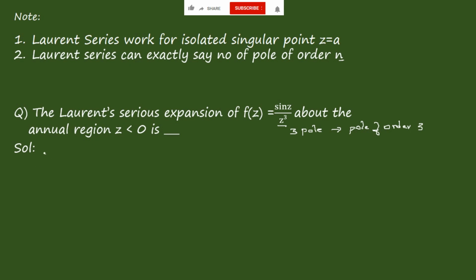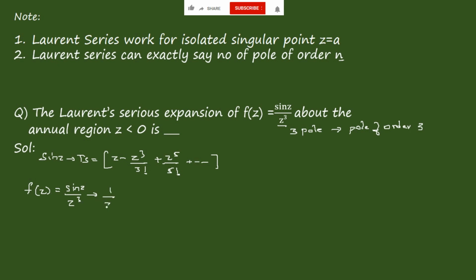For sin z, we know the Taylor series, which is equal to nothing but z minus z cube by 3 factorial plus z power 5 by 5 factorial plus so on, right? So we'll be finding for f of z, which is equal to sin z by z cube. So the series will be just multiplying the series with 1 by z cube.